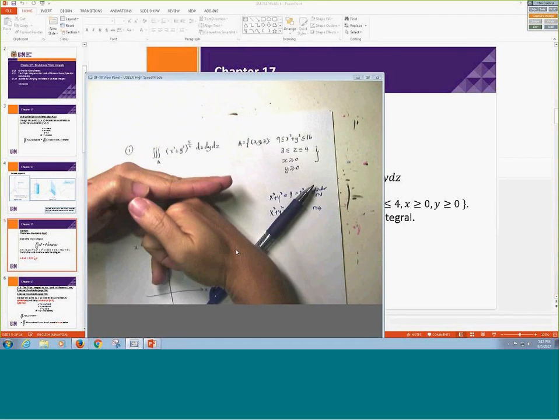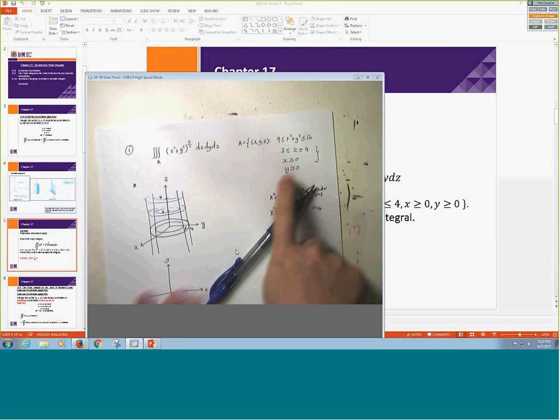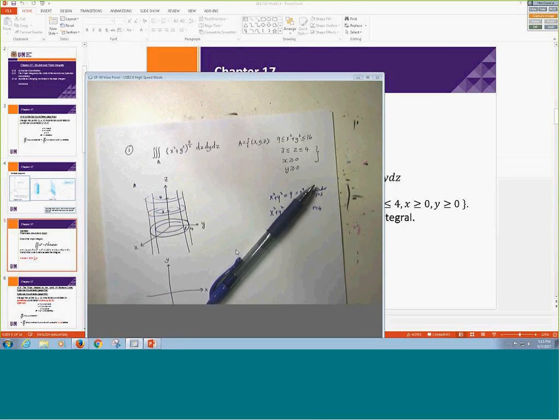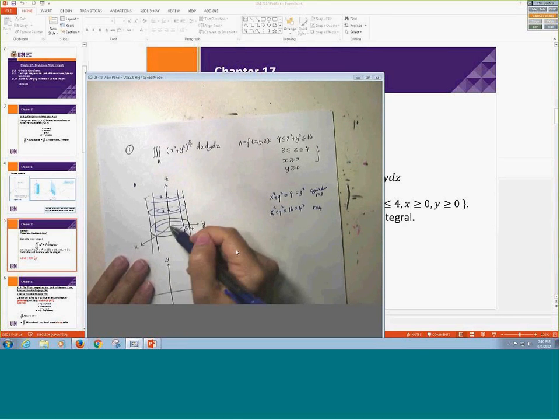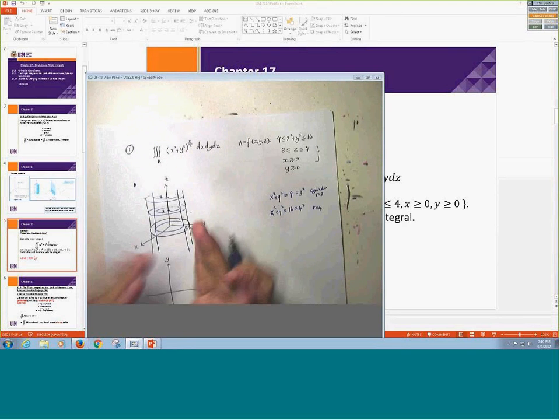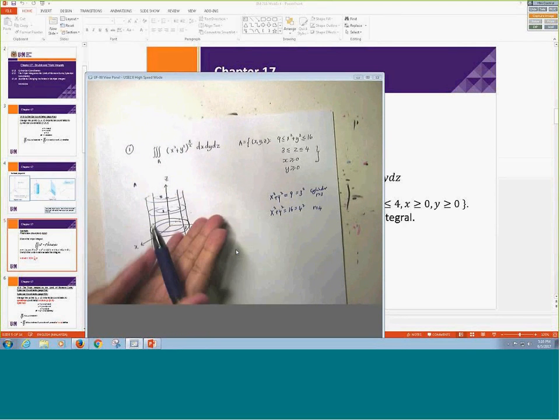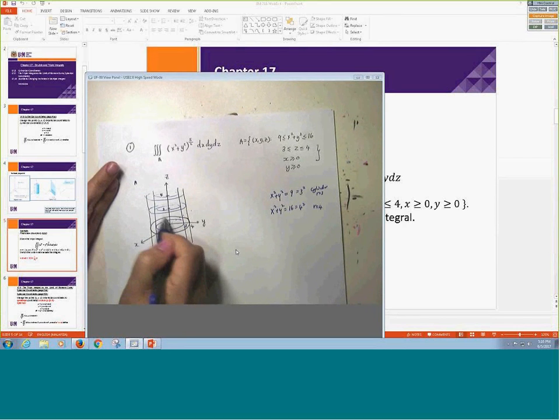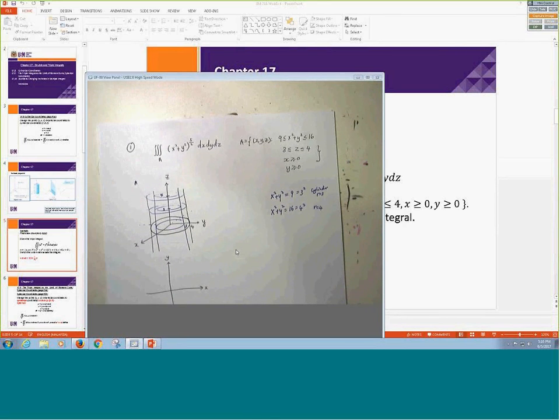But x is greater than 0, y is greater than 0. That means we want only x positive, y positive. We don't want x negative, which will be something at the back here. Y negative will be something on the left here that we don't want. So it leaves only the first octant.